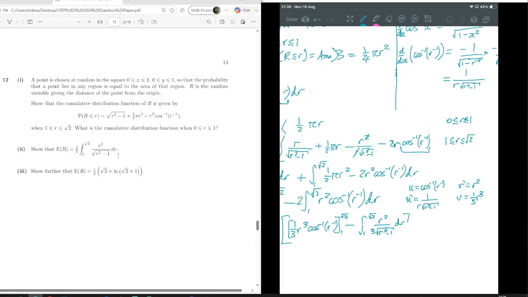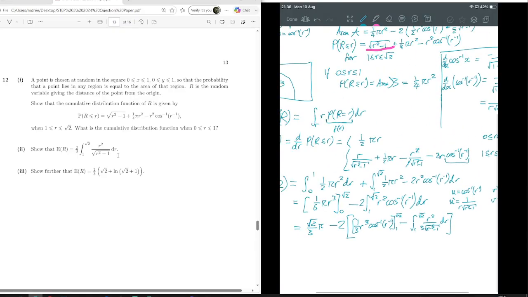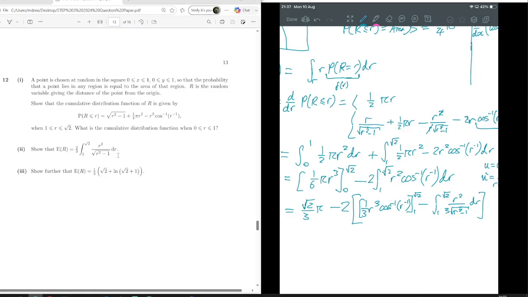Okay, it's really close to their answer now, provided that this thing evaluates to exactly cancel this thing. So let's do it. So this is still root 2 over 3 pi minus 2 lots of, when I sub root 2 in, I've got 2 root 2 over 3 cos inverse of 1 over root 2, which is pi by 4.